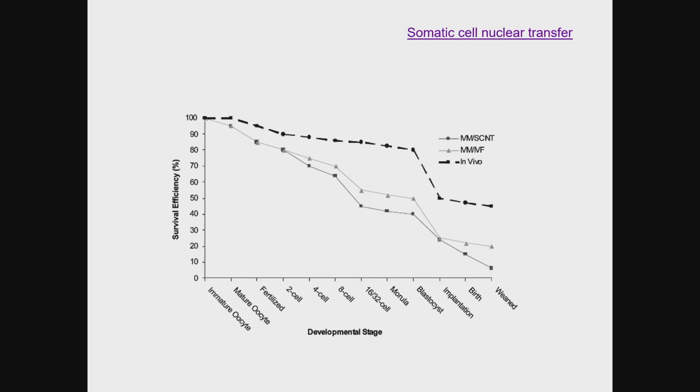And then as the cells start, a fertilized egg or 2-cell or 4-cell or already after birth or implantation, or a weaned animal, that is when they stop drinking milk and move to the regular food, the efficiency goes down. This is the SCNT, the nuclear transfer. Some others are in vitro fertilization. So each process has a different efficiency, but the nuclear transfer is really affected by the age of the donor.